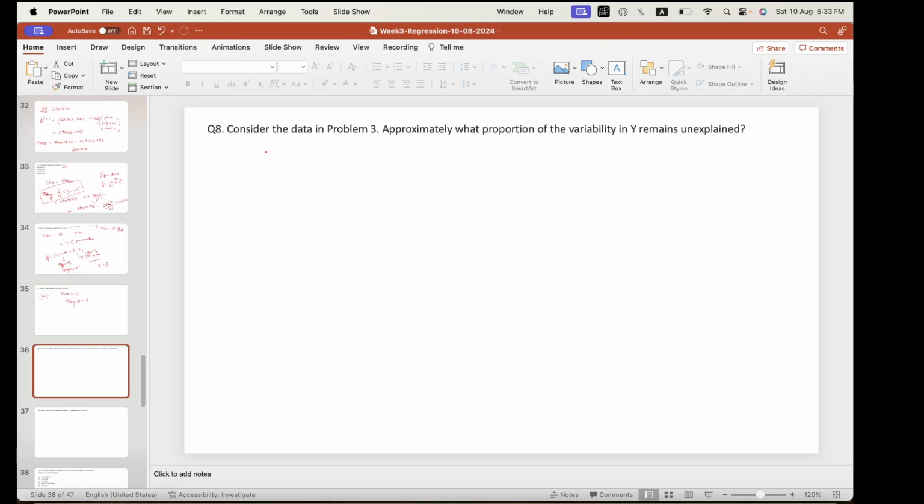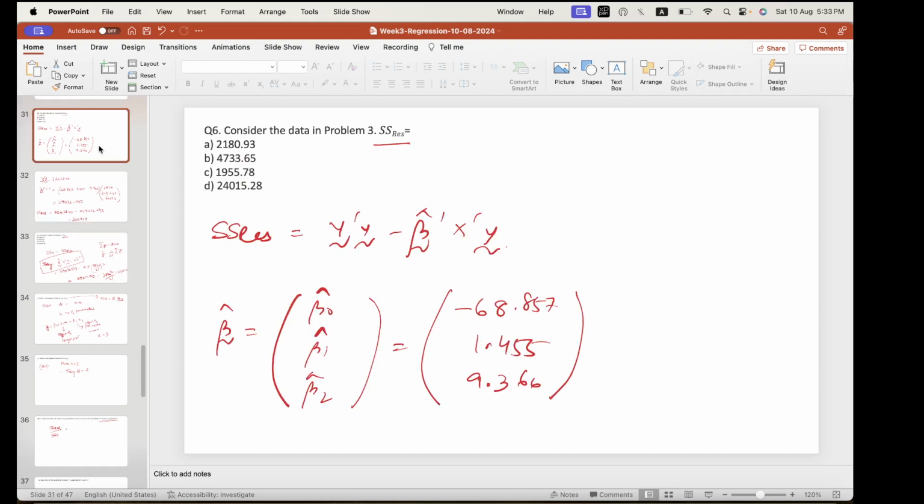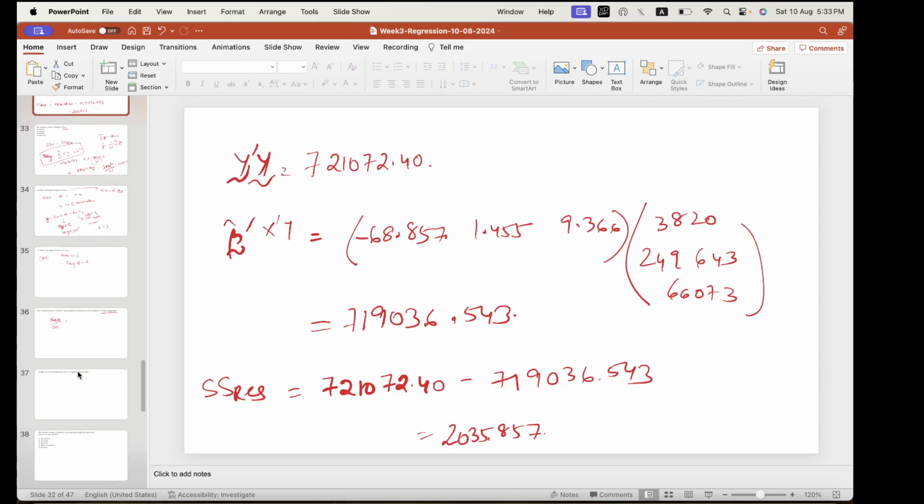Alright. Now consider the data. Approximately what proportion of variability in y remains unexplained? So proportion of variability remaining unexplained is actually SS due to residual by SST. Okay. So it would be, how much was our SS due to residual? Was something around 2035.857.